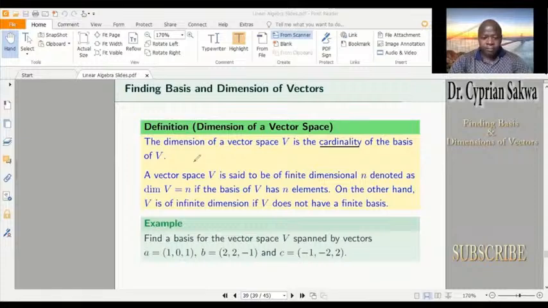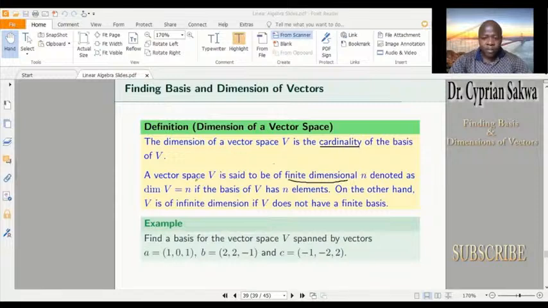That means if a vector space has a basis that is finite, then we will say that that vector space is finite dimensional.